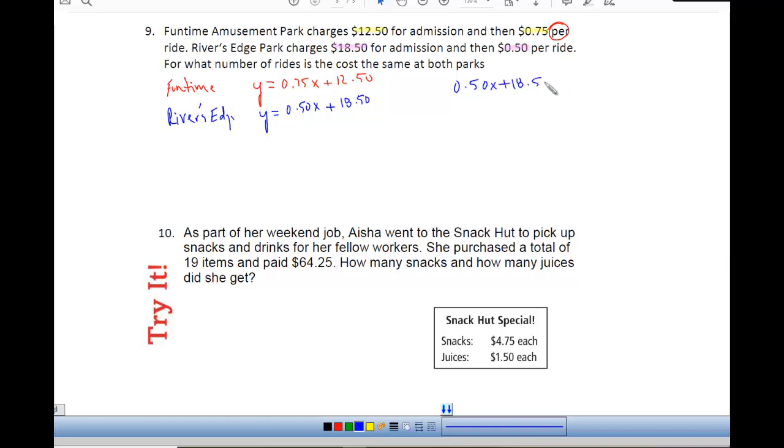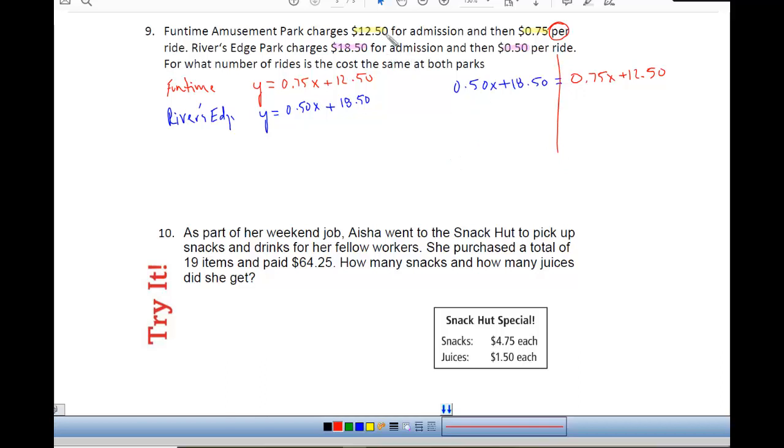And we want to know at what point, how many rides do I need so that they are the same cost, and when does one become cheaper than the other.